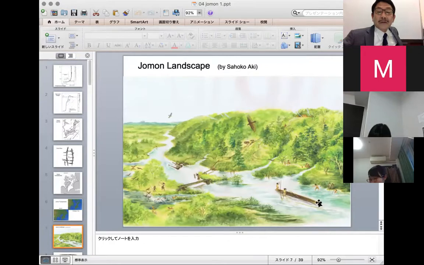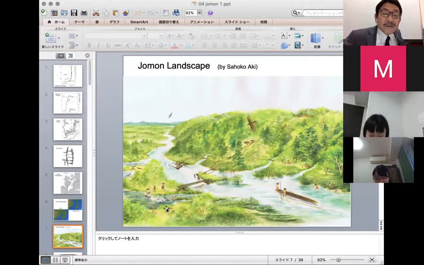And a canoe, a dugout canoe, and a hunter with bow and arrow, and dogs running around. All of these minute details have meaning, so you should look at it closely later, and you will learn so much about the Jomon culture from this one picture.